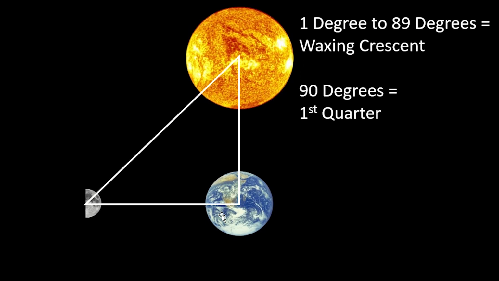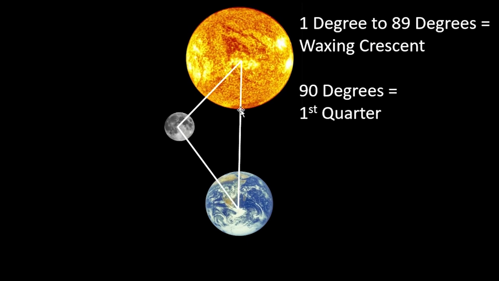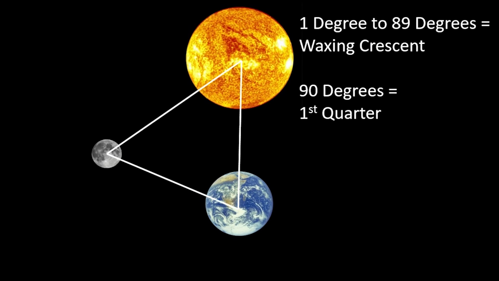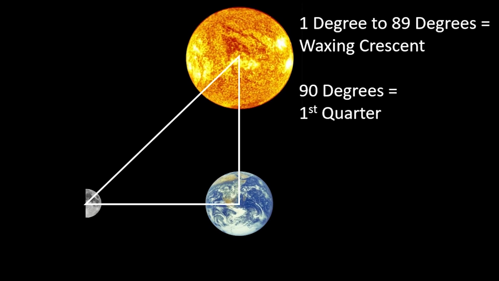If we were to think of it in those terms, then at 90 degrees, we're at first quarter. And as the moon moves from the new moon position through the waxing crescent to first quarter, the angle from here on the Earth would be between 1 and 89 degrees, depending on the specific day and time.